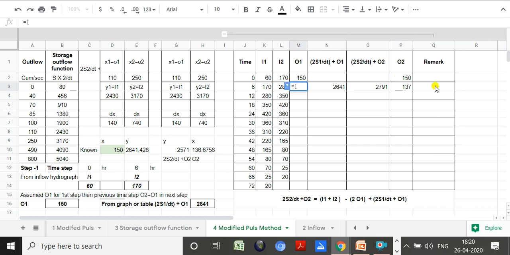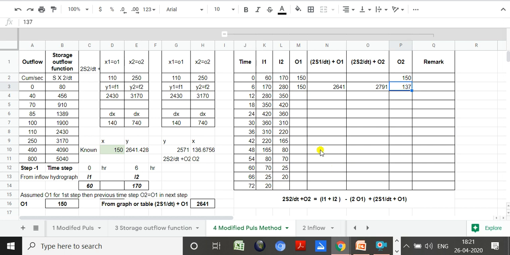The first value of the outflow hydrograph was assumed by you, and the second value is estimated by you. Now let us stop here. You are requested to continue this step.